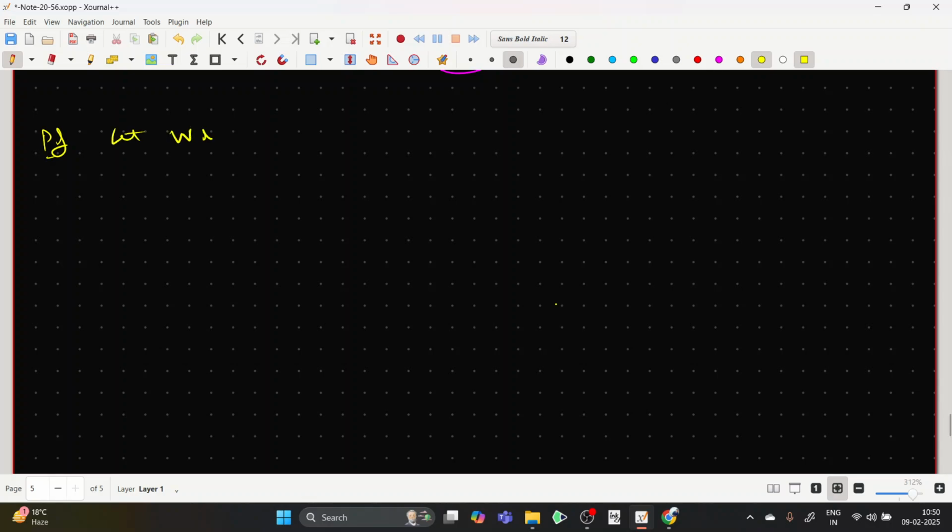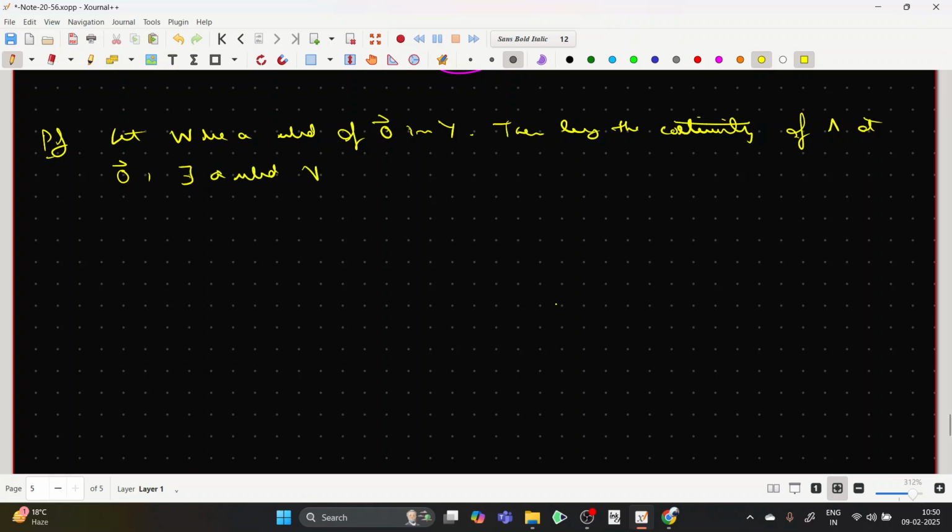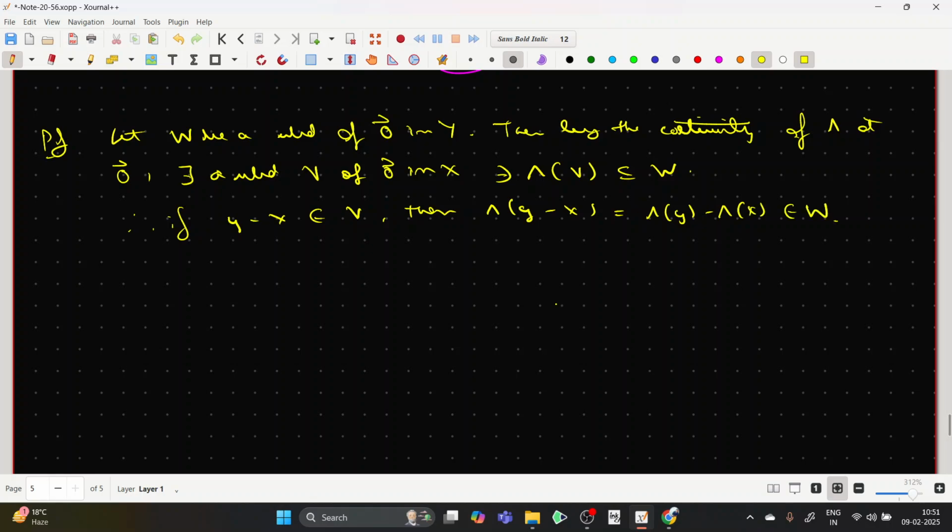Let W be a neighborhood of the origin in Y. Then by the continuity of lambda at the origin, there exists a neighborhood V of the origin in X such that lambda mapped on V is contained in W. Therefore, if y minus x is in V, then lambda of y minus x, which is nothing but lambda y minus lambda x, must be in W, since lambda V is in W and y minus x is in V.